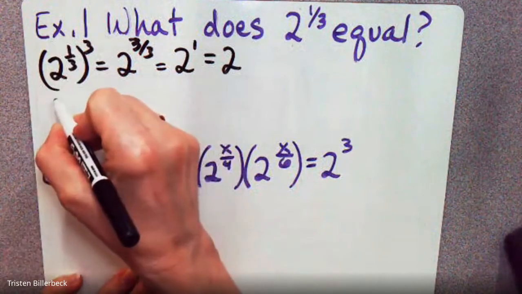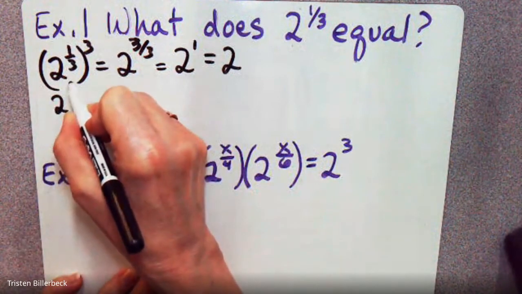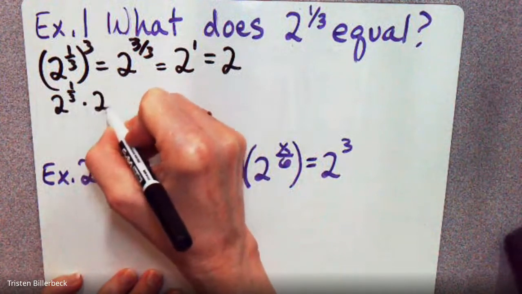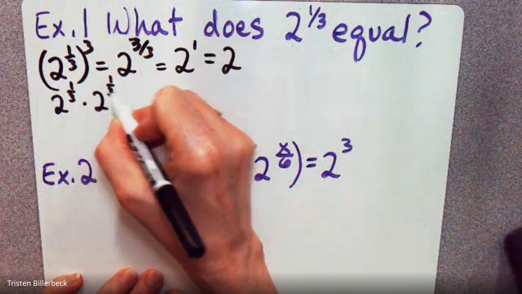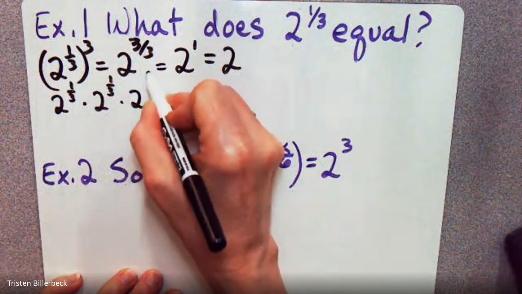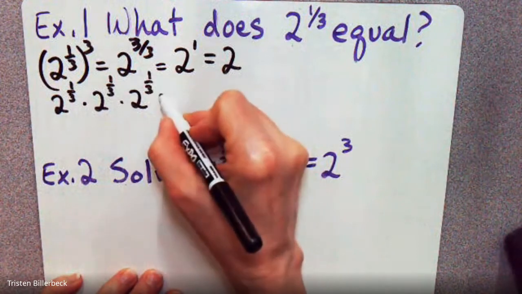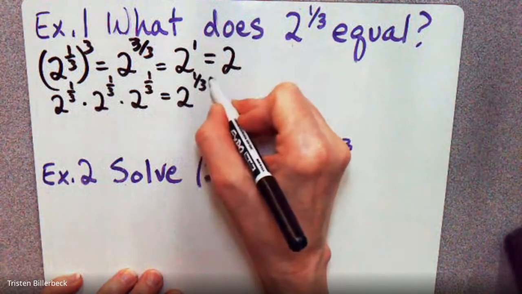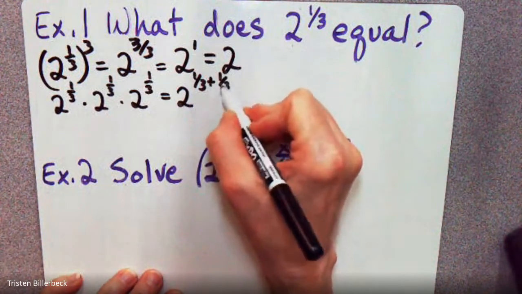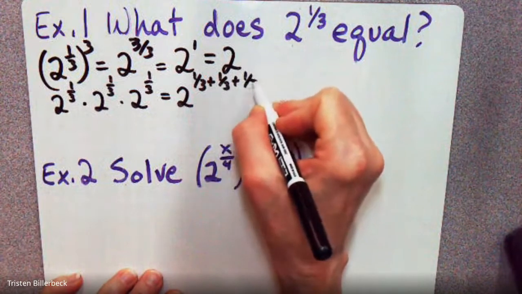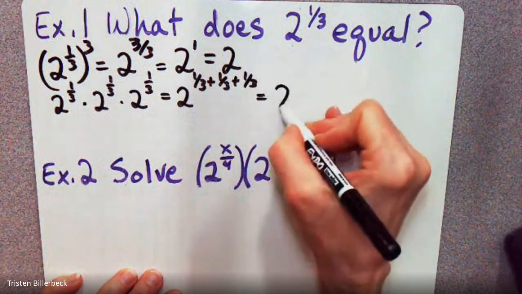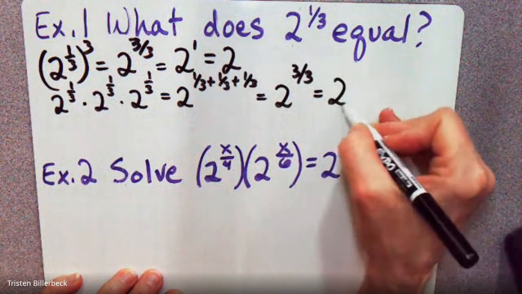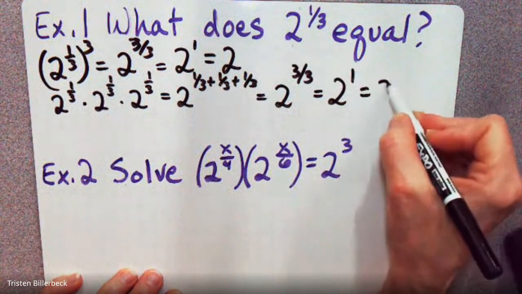We also know that if we take 2 to the 1/3 times 2 to the 1/3 times 2 to the 1/3, we can add these together and say 2 to the 1/3 plus 1/3 plus 1/3 equals 2 to the 3 over 3, which is 2 to the 1, which is 2.